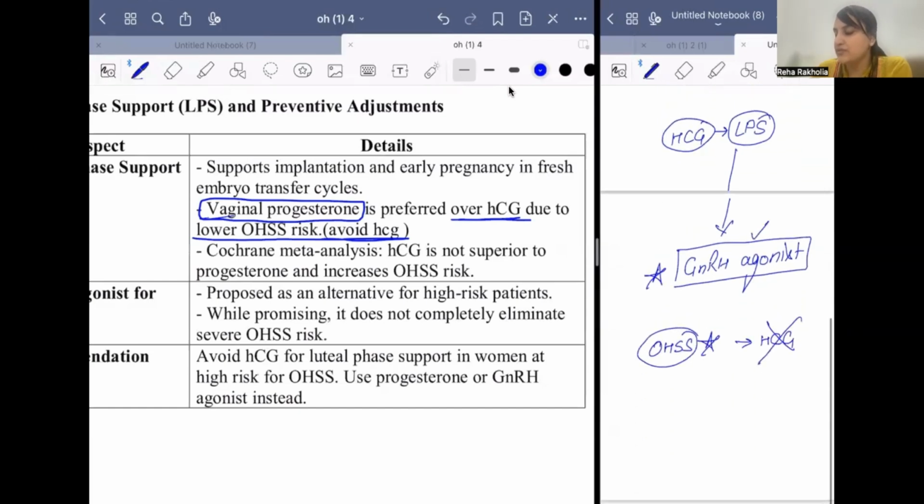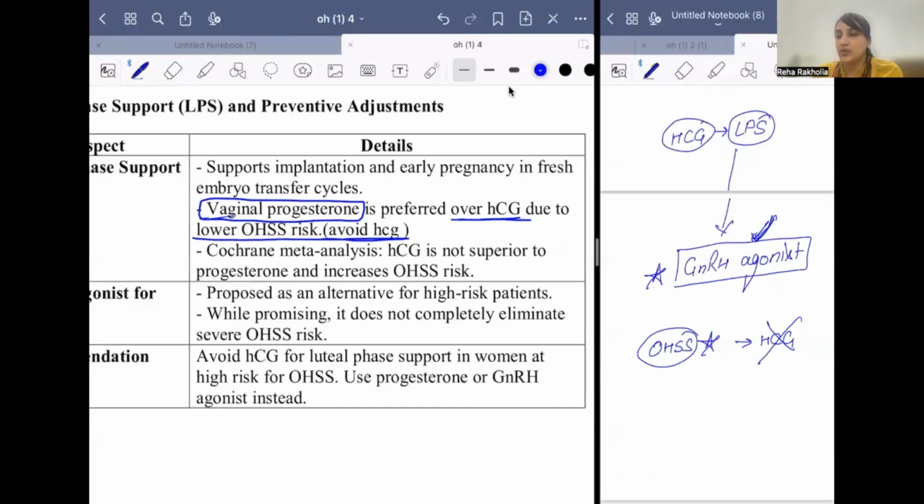In patients in whom we have used a GnRH agonist trigger, because nowadays there are OHSS-free clinics in which every patient is given a GnRH agonist trigger, we can give HCG as luteal phase support where OHSS risk is not there.